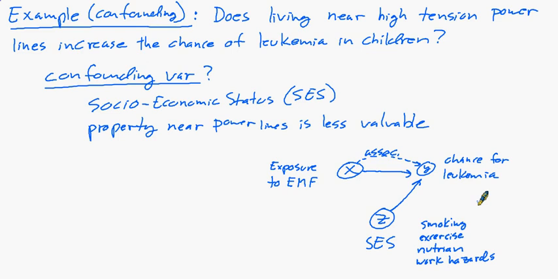So what's the difference between a confounding variable and a lurking variable? Well, for this, can we factor it out? The answer is no, not really. Or at least it's going to be very difficult to really factor it out.